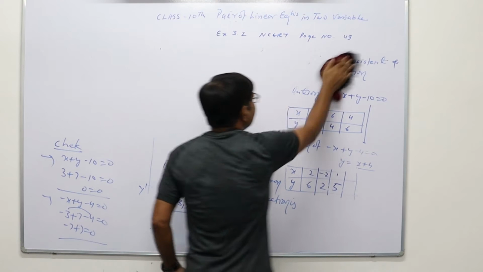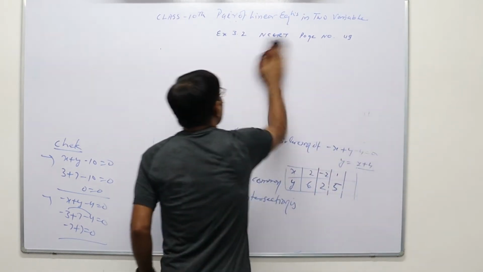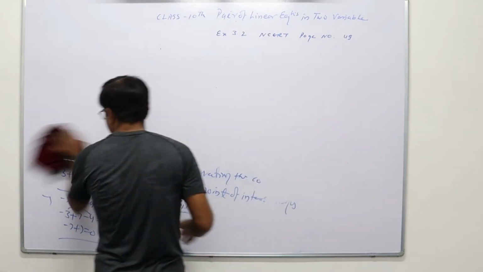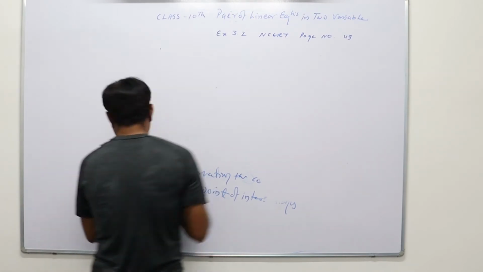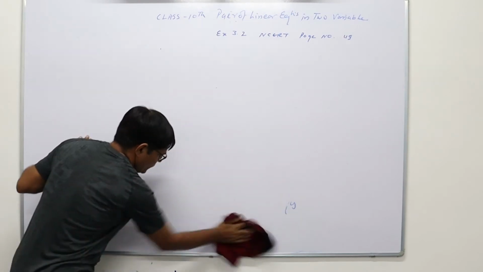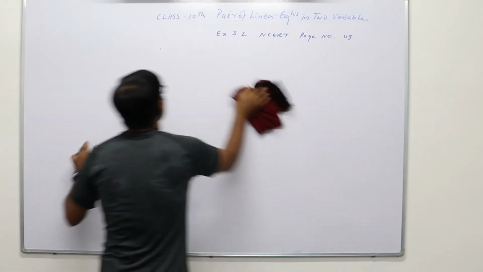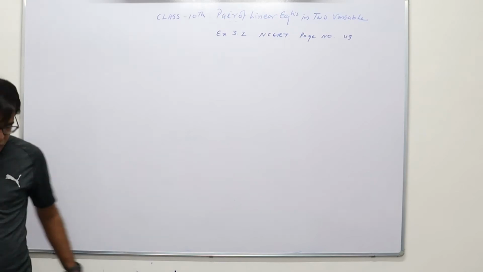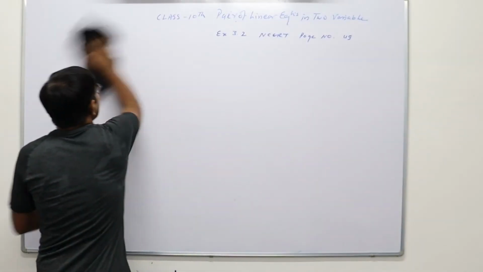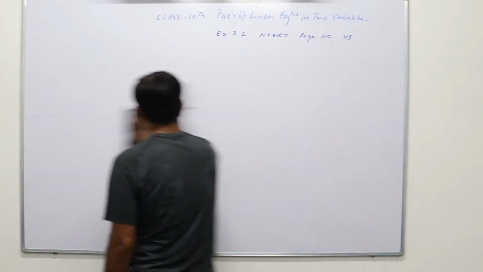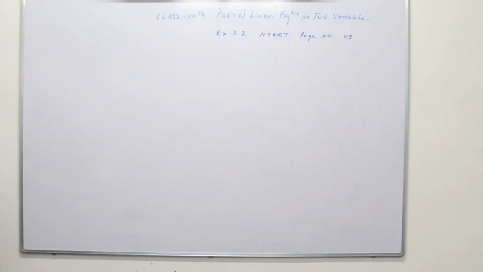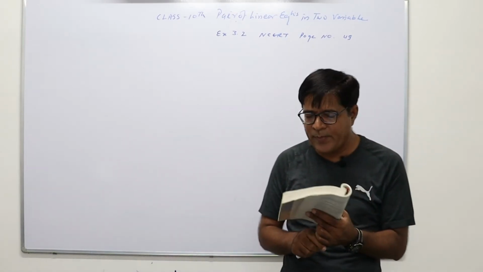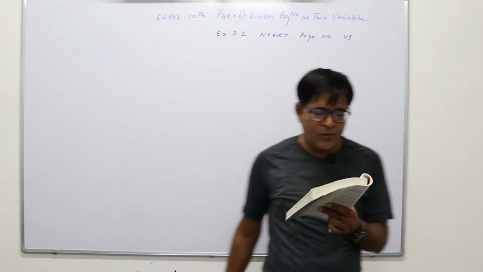Now second question. Question number second, part of: 5 pencils and 7 pens together cost 50 rupees, whereas 7 pencils and 5 pens together cost 46.